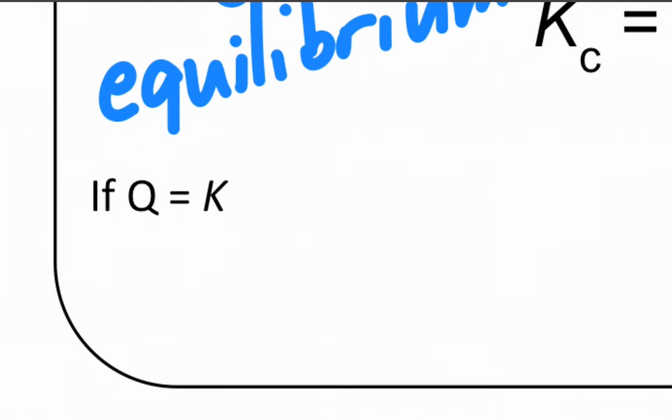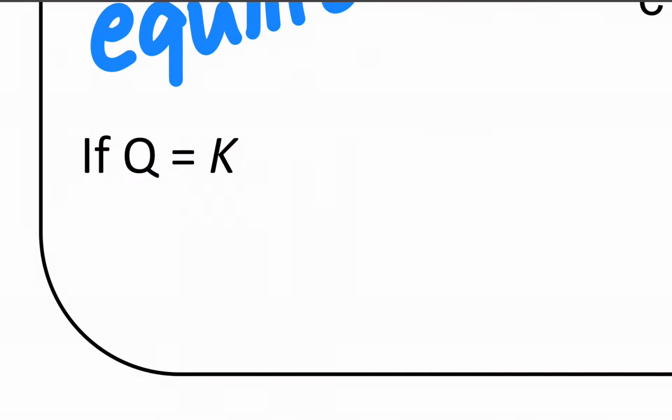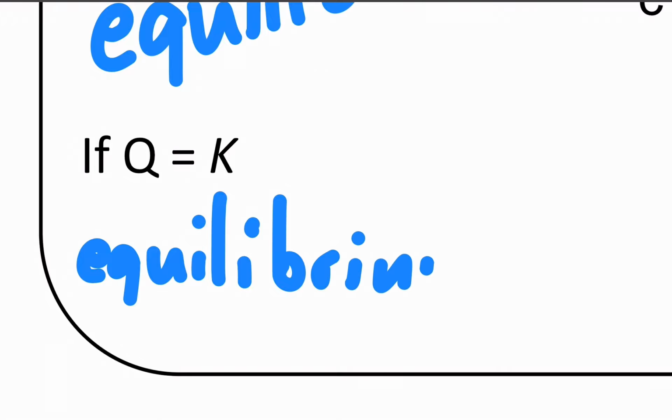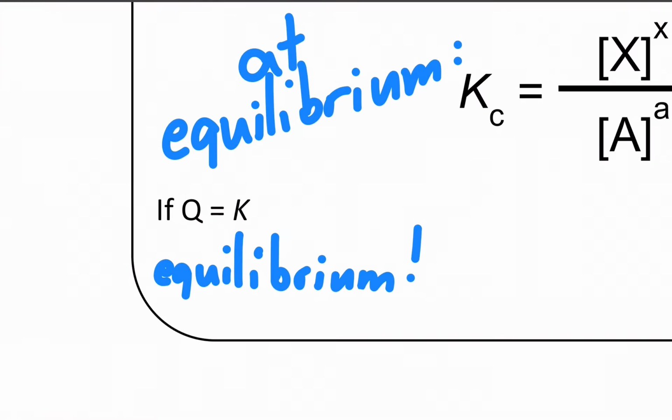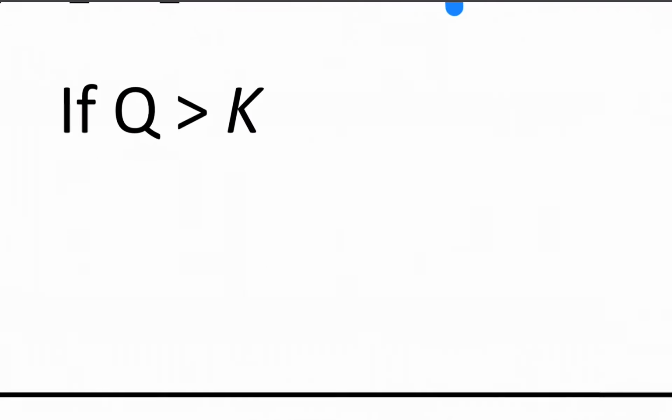For example, if Q is equal to K under whatever conditions we are, well, that's a point of equilibrium. Nothing interesting there. We're already there. But what if we're at some point, the beginning of a reaction, and we just set it up and we want to compare where Q is relative to K? If Q is larger than K, that means there's too much reactant.